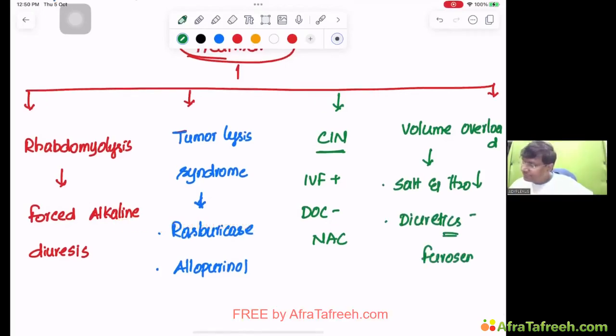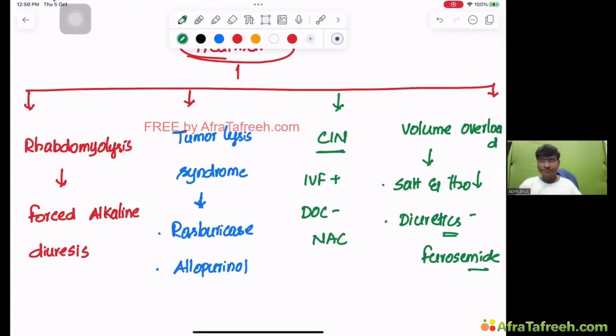Please tell me in which etiology of acute kidney injury diuretics cannot be given. Very good. In pre-renal type, you should not give diuretics because in pre-renal there is already reduced fluid volume.